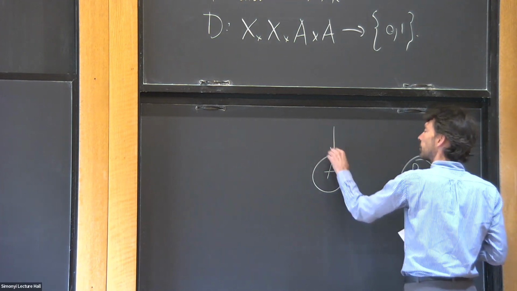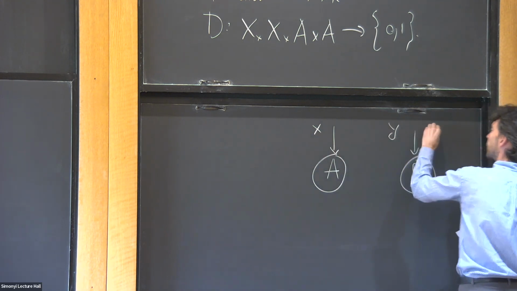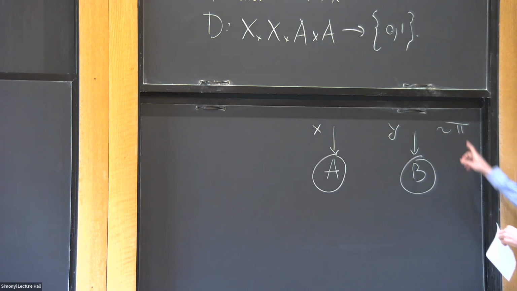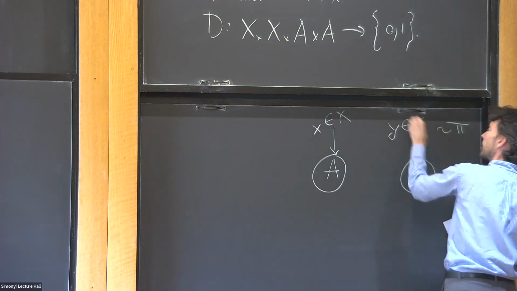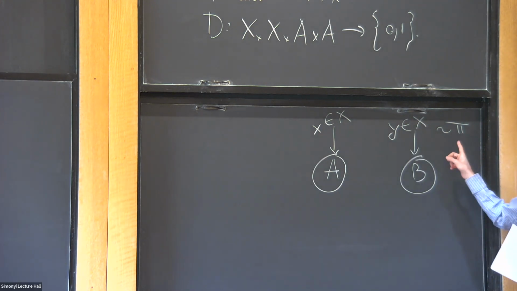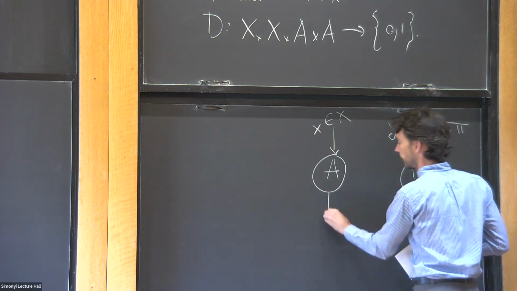So what's the game? In the game, each of them is going to receive a question, X for Alice and Y for Bob. And these questions are sampled according to the distribution pi. So X is an element of capital X, Y is also an element of capital X, and they're chosen according to the distribution pi, which is public knowledge. Alice gets X, Bob gets Y, and they have to produce answers.